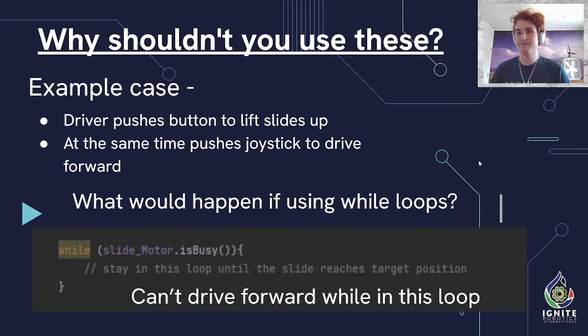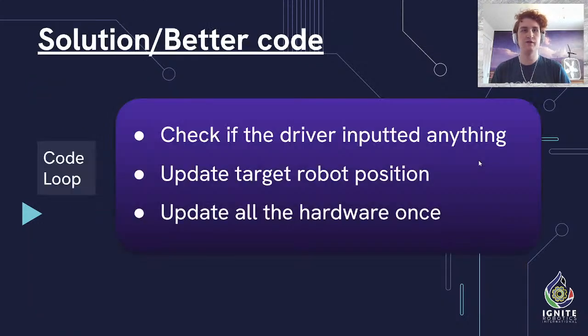All right. So here's a basic overview of a solution that would be better. We begin by checking if the driver inputted anything. Then we update the target robot position, and then we update all the hardware. So instead of using individual while loops to control each thing, we just use the main while loop as a loop, and we have if statements to check if stuff has happened.